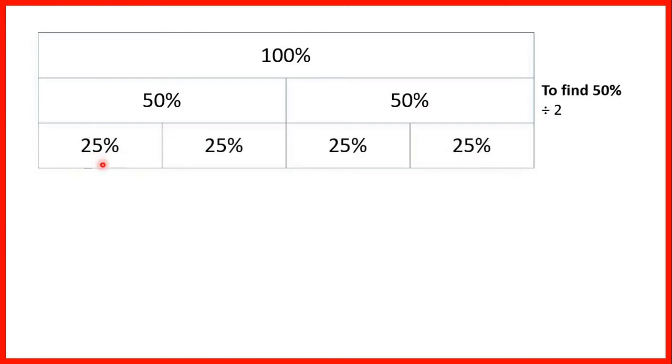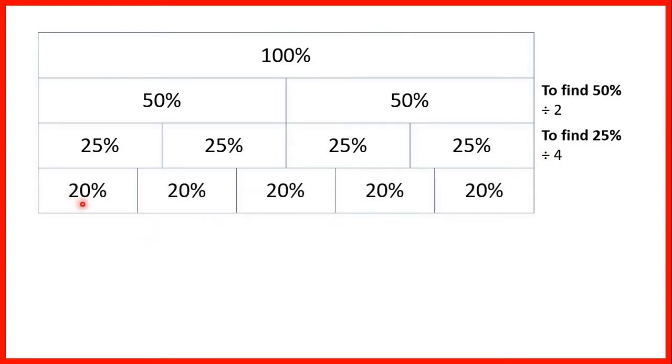Now, with 25%, we can show a bar a quarter of the size of our 100% bar, because 4 quarters, or 25%, 4 times, makes 100%. So, if we need to find 25% of a number, we can divide by 4.